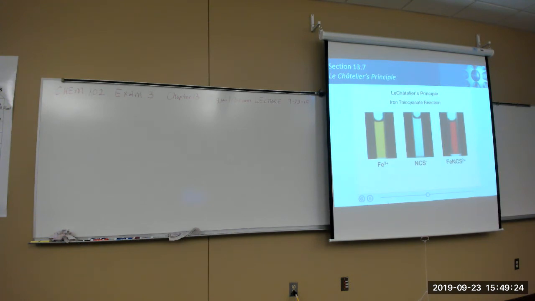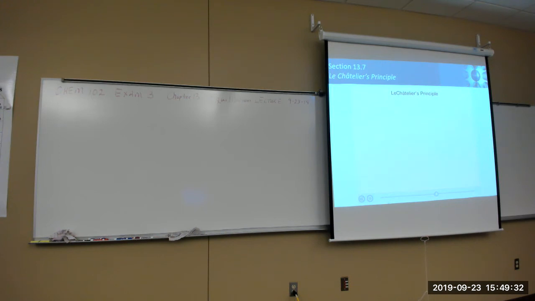The reaction of iron and thiocyanate in solution is reversible. That is, it moves in both the forward and reverse directions. Let's consider what happens to the reaction when changes are imposed on the system. In which direction will the addition of iron 3 nitrate shift the equilibrium of this reaction? Observe what happens as iron 3 nitrate is added.